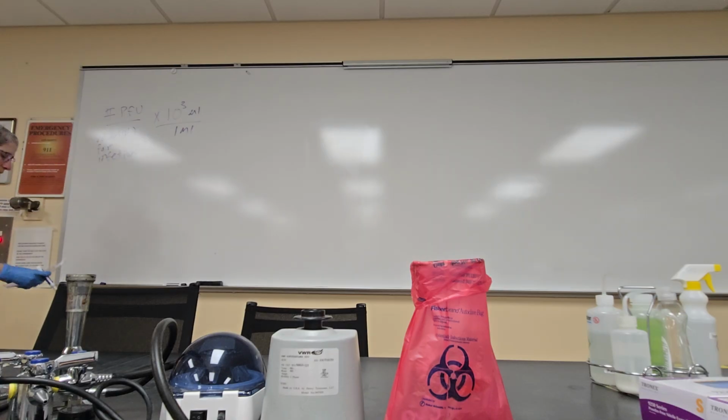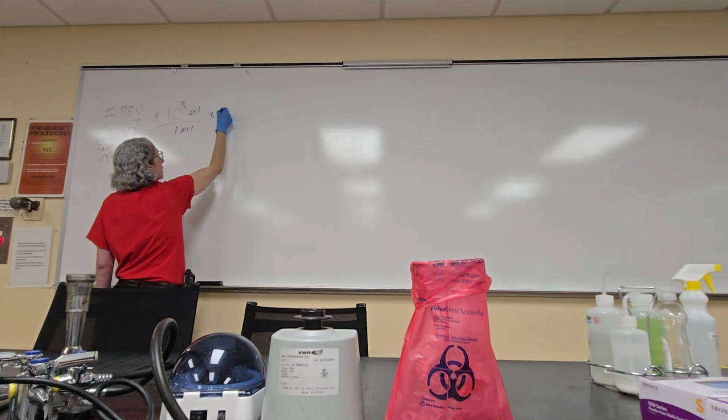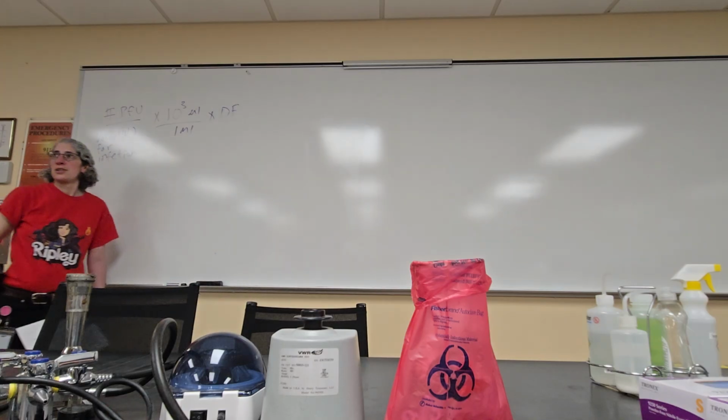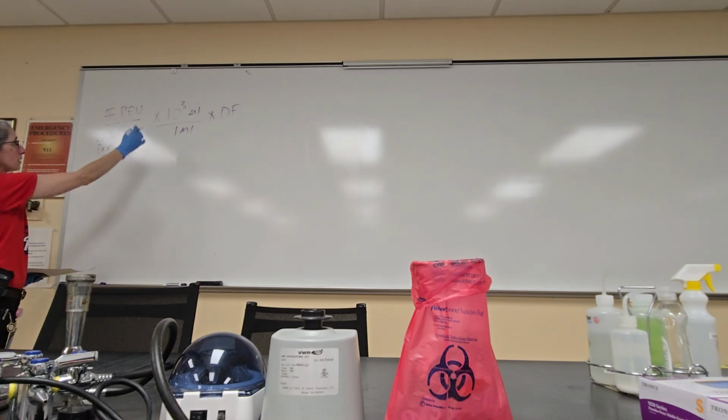And then, of course, we need your dilution factor. So we're going to multiply that by the dilution factor. So that's whatever plate dilution you used to count the number of plaques. So that's how they're going to work this out in their formula.